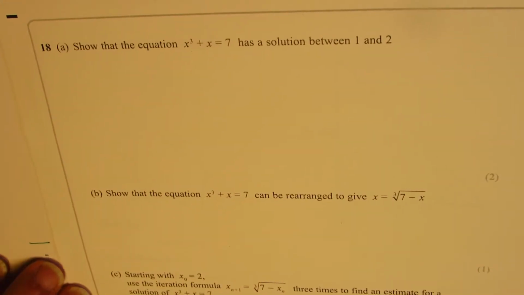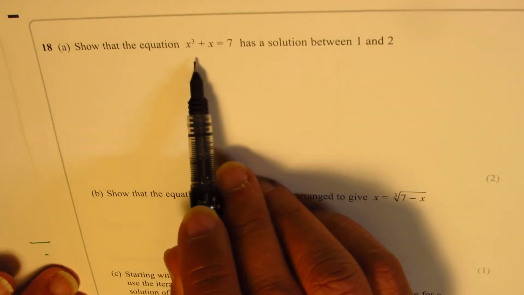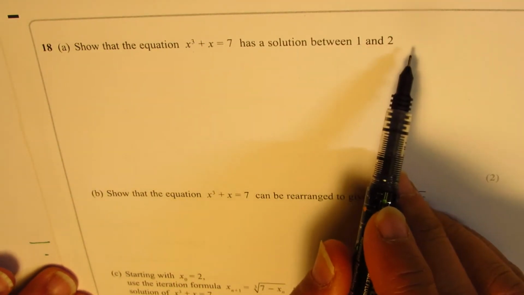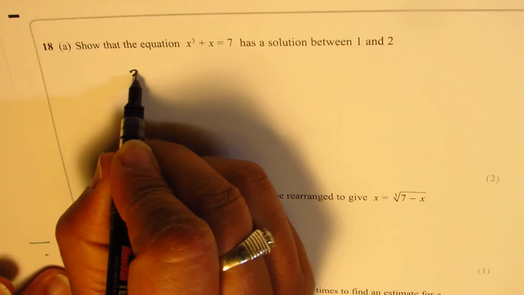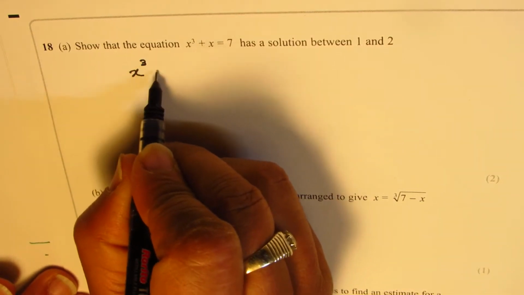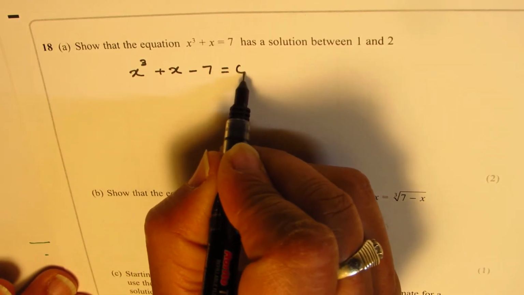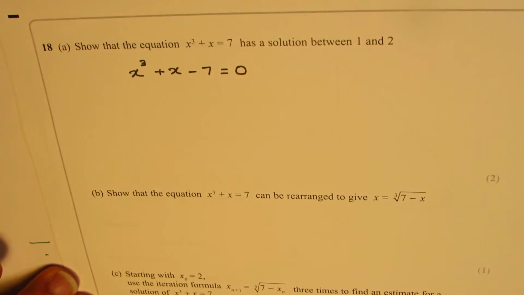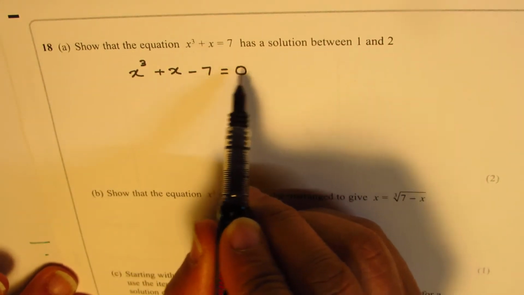So let's see how to solve this. To begin with, we have to prove that the solution of this equation is somewhere between 1 and 2. So what we can do here is rearrange this equation. We have x cubed plus x minus 7 equals 0. Solution really means that the sign changes, right?